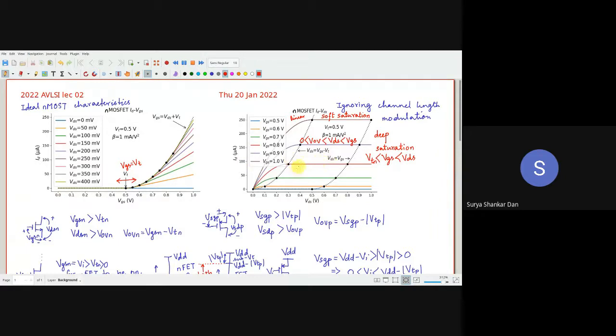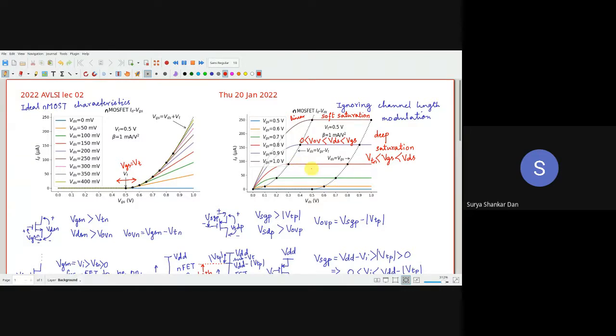So in analog IC design, you will be operating in the saturation region alone. The DC point, the quiescent point, Q point, whichever way you call it, is set in such a way that the Q point will ensure that the entire swing of the transistor will always be in the saturation region.